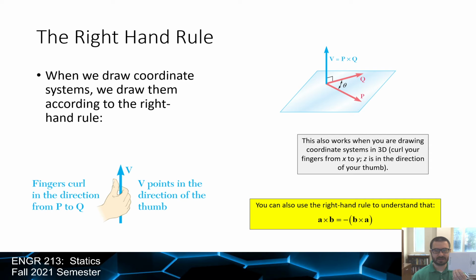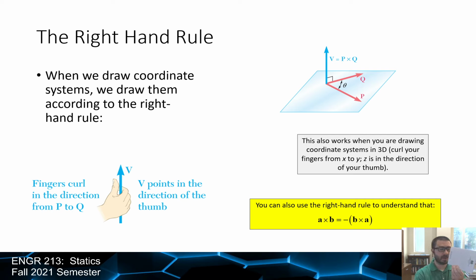We take our fingers and we point them towards the first vector, and then we curl them towards the second vector. So let's say this is vector A and this is vector B. We point them towards A and curl them towards B. And whichever way our thumb is pointing, that will be the direction of the cross product. So A crossed with B goes like this.